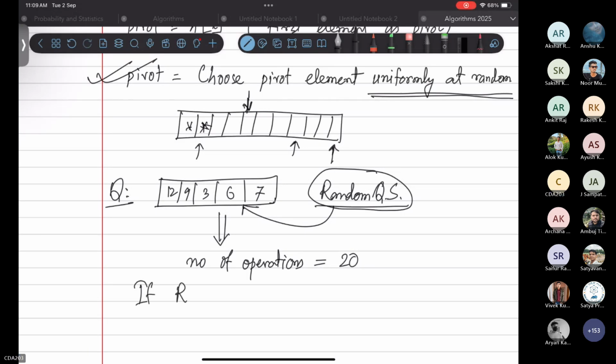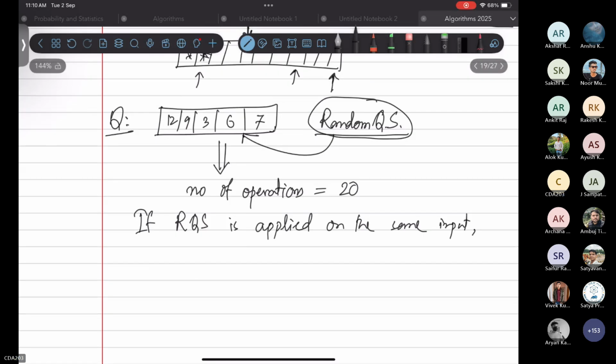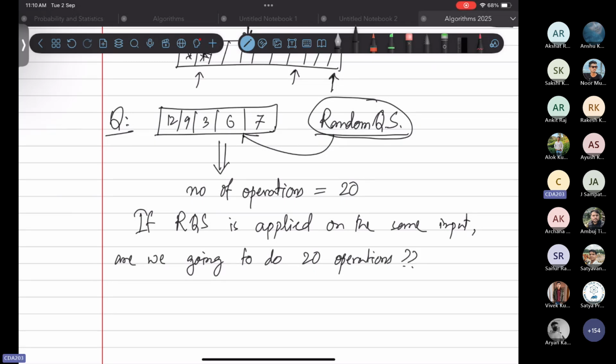If randomized quicksort is applied on the same input, are we going to perform 20 operations? Think about this question for a moment.